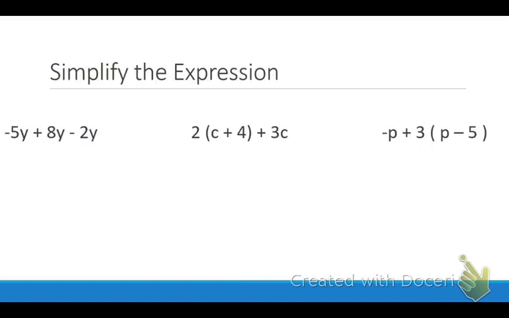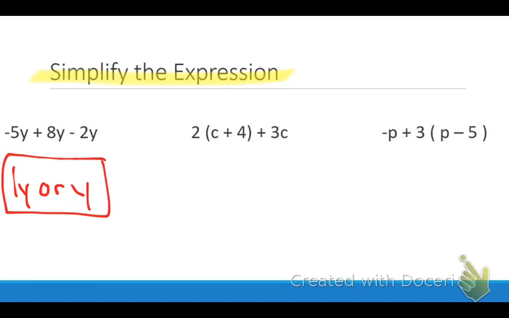All right, next section, simplify the expression. Yes, that was 4 points total on the last one. Okay, so -5y plus 8y minus 2y, they all have y's, so I can just combine my coefficients to get what? 1y, or you could just say y.